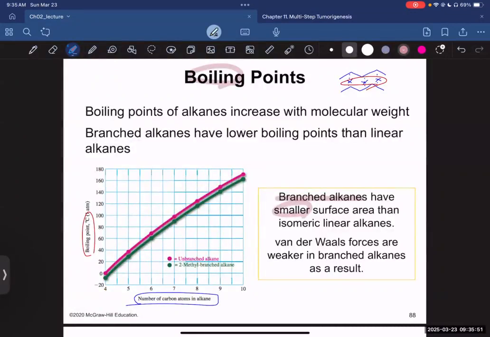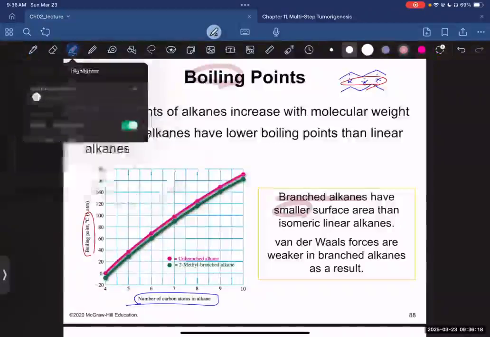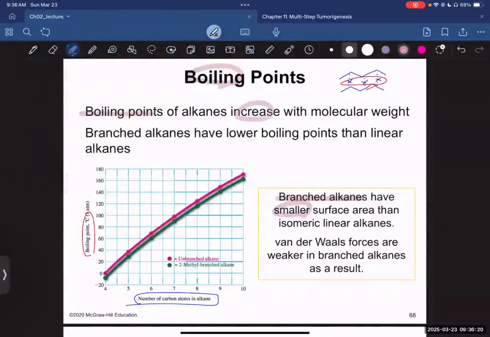With a smaller surface area, they have less area to interact with other branched alkanes, which means there are fewer van der Waals forces around that specific molecule, which is why their boiling points don't need as high a temperature compared to the linear alkanes to achieve boiling.